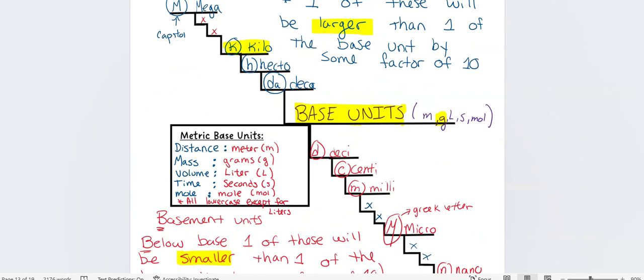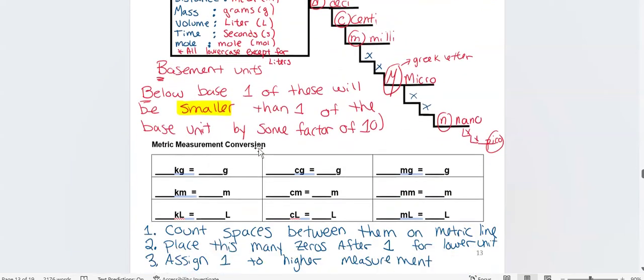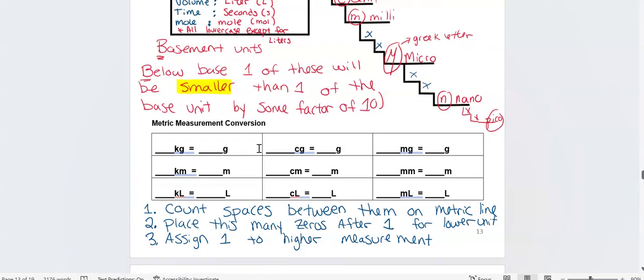Don't count kilo, that's 1, 2, 3 steps apart. So that would mean, if I go back here, I would put that many zeros after the lower unit. Grams was lower on the staircase, so it's going to be a 1 with 3 zeros. And then the larger unit, the one higher up in the staircase, was kilograms, that gets a 1. That'll be true of every metric prefix here.